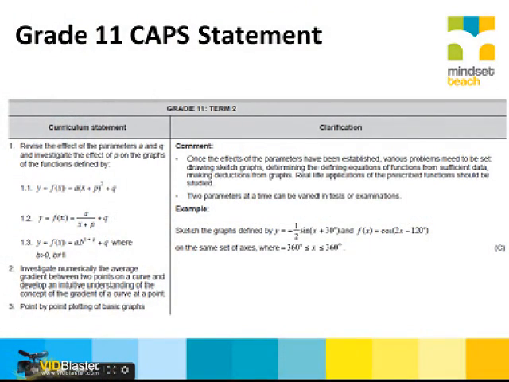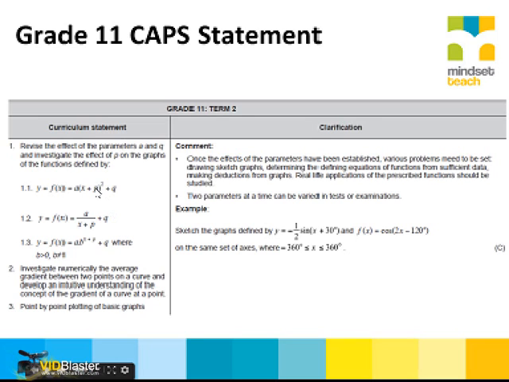Okay, now the content that's in it. So what's different? If we have a look at the CAPS statement, we can see here that we're focusing on 3 functions, and that is quadratic, exponential, and hyperbolic. And the difference is that we now have a new characteristic added to our functions, and that is p.